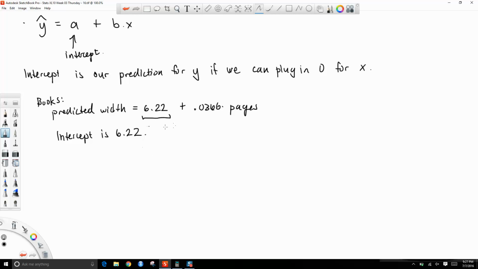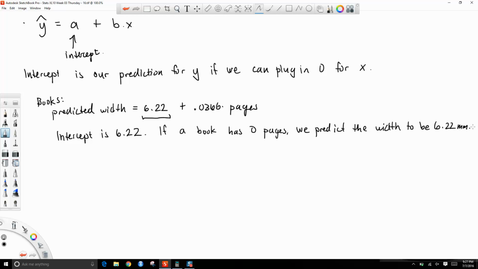This is if a book had 0 pages, we predict the width to be 6.22 millimeters. What does that mean?